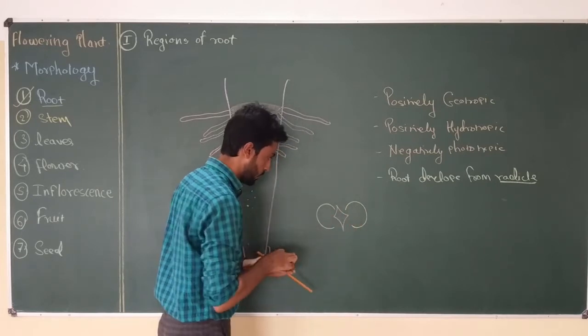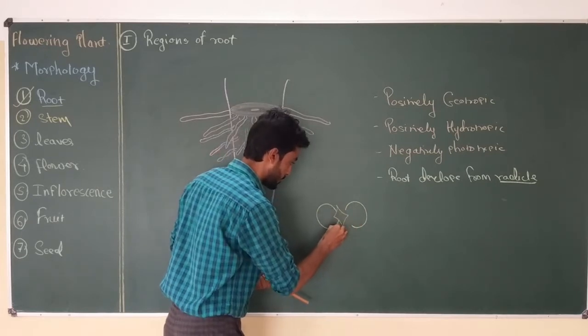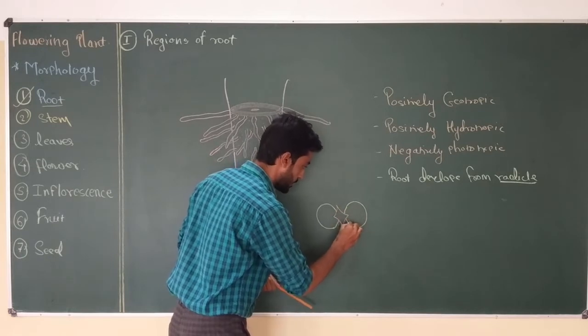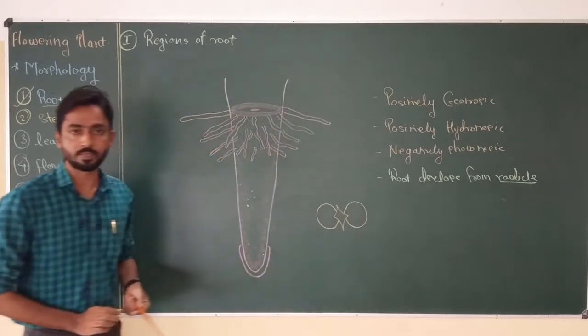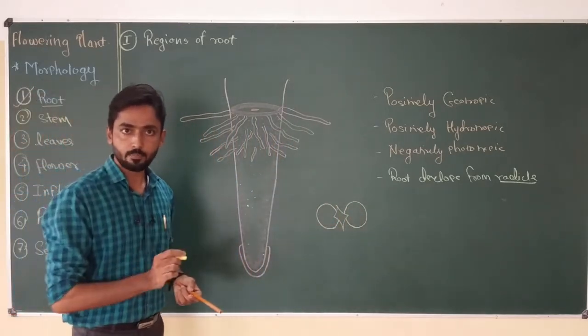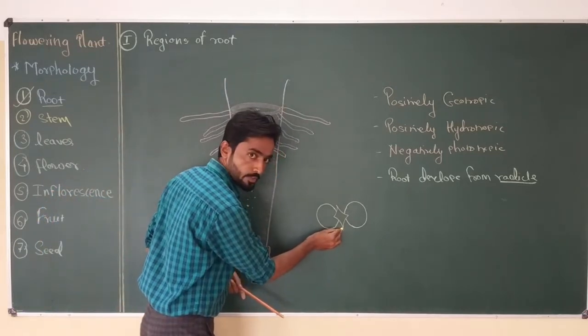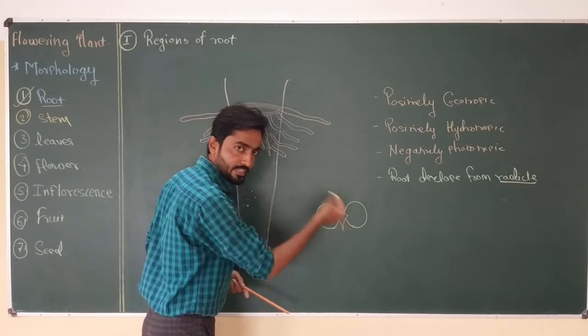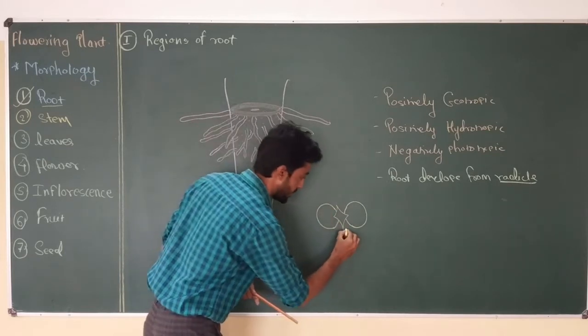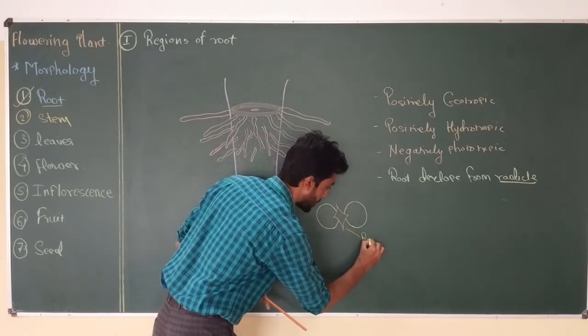Now, if we see the structure of angiospermic seed carefully, we observe two parts. The first part, which grows downward initially at the time of seed germination, is the radicle.